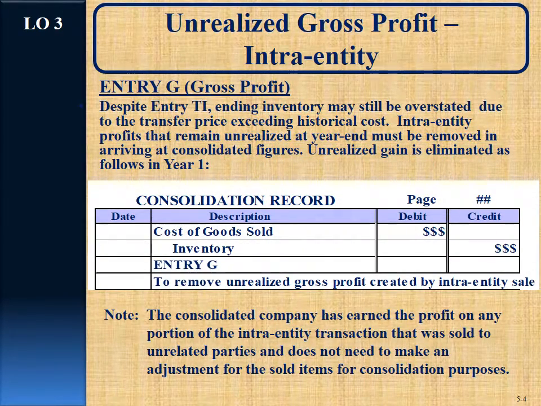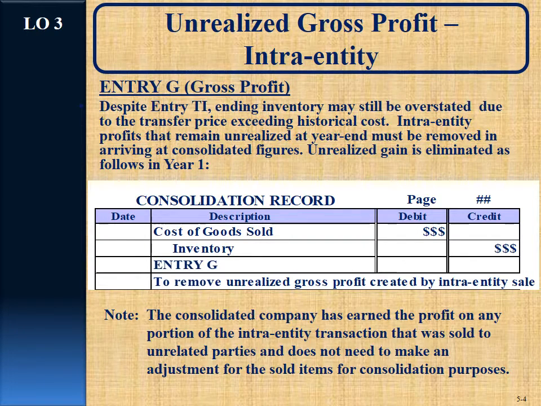Let's kick it up a notch now, right? Despite entry TI, transfer of inventory, ending inventory may still be overstated due to the transfer price exceeding historical cost. So intra-entity profits that remain unrealized at the end of the year must be removed in arriving at consolidated figures.